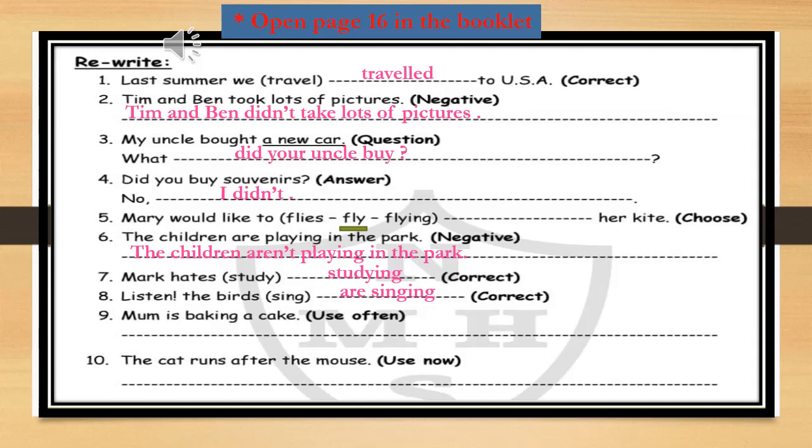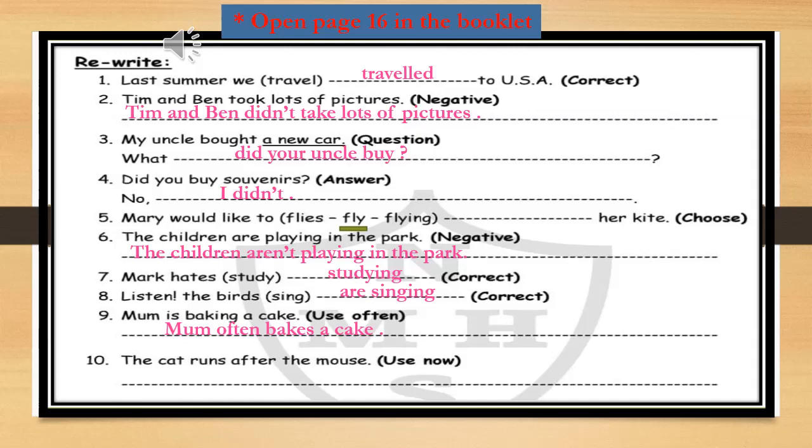Number 9. Mom is baking a cake. Use often. I'm just asking you to put often, so I'm just telling you to put the verb in the present simple tense. So it will be what? Mom often bakes a cake.